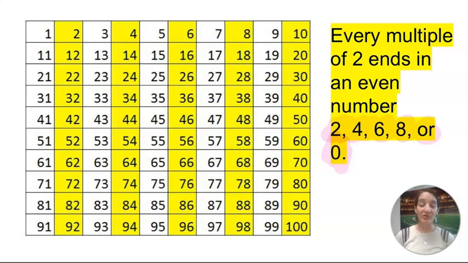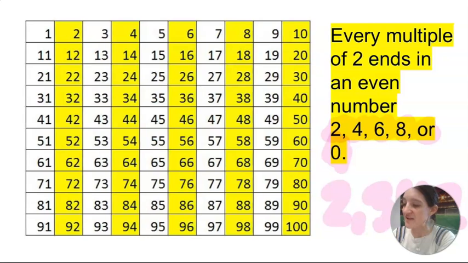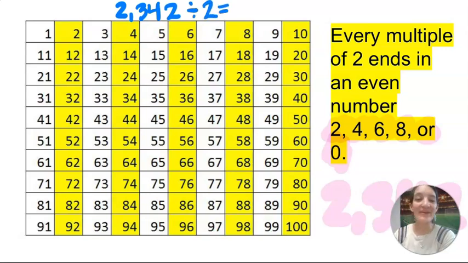So the rule of divisibility for 2 is that the number is even, or you could also say the number ends in a 2, 4, 6, 8, or 0. Okay, so meaning if I have the number 2,342 and I divide it by 2, is it going to come out evenly?